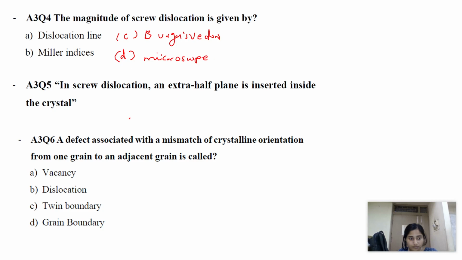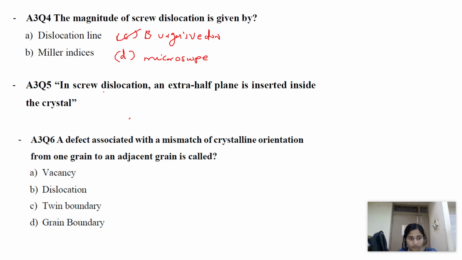So the magnitude of screw dislocation will be given by the Burgers vector. Now, just say whether it is correct or not.